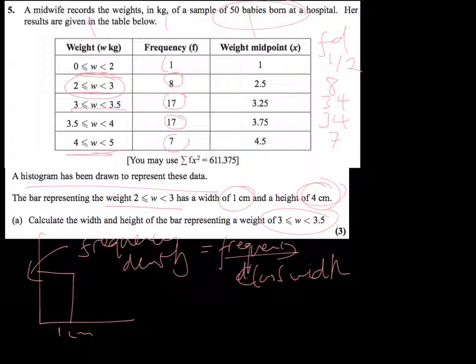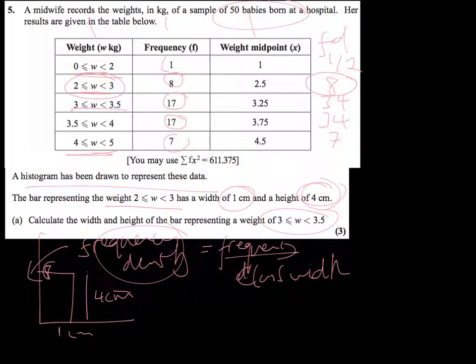But for the y-axis, we're told that the actual height, if we measured it, would be 4 centimetres. But we know that actually it's frequency density that's on the y-axis. So the frequency density here is actually going to be 8. So on the scale on the y-axis, this would actually be 8. So what you can clearly see here is that to measure the height in terms of centimetres, it's just going to be half of whatever the frequency density is.